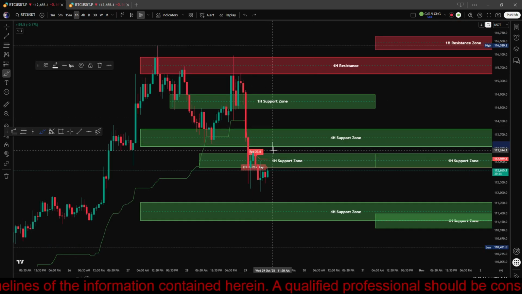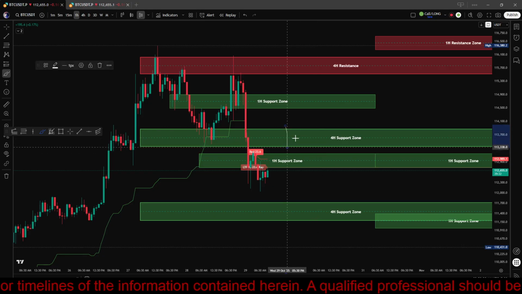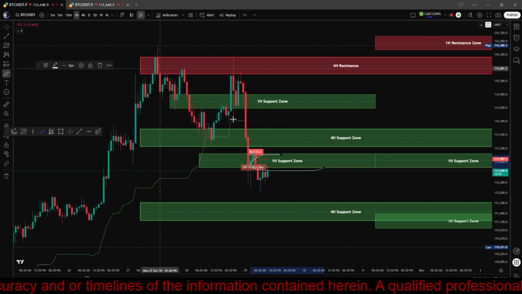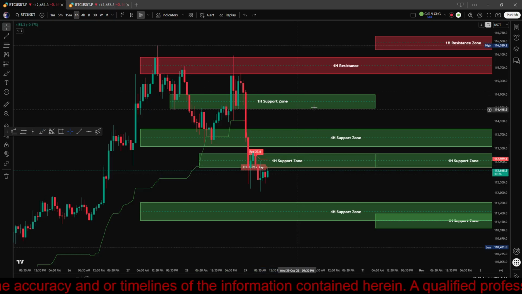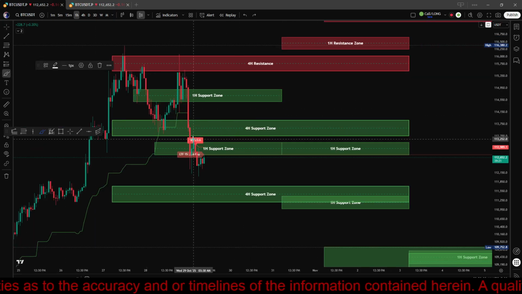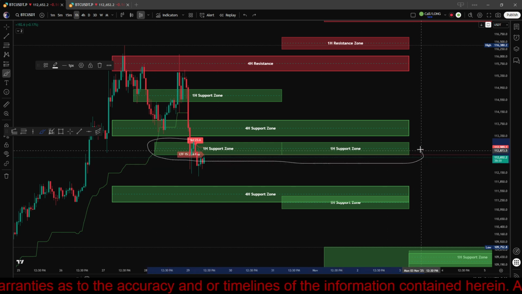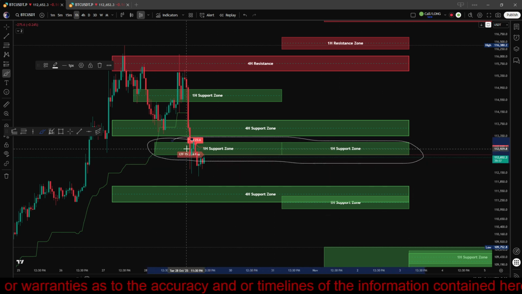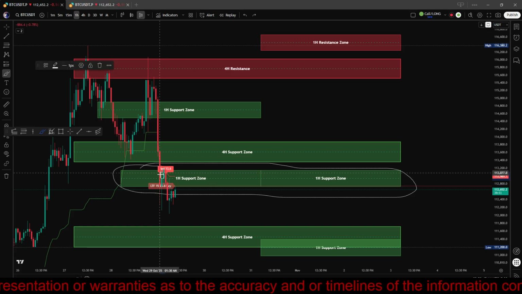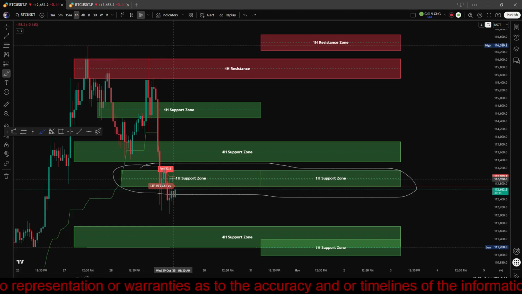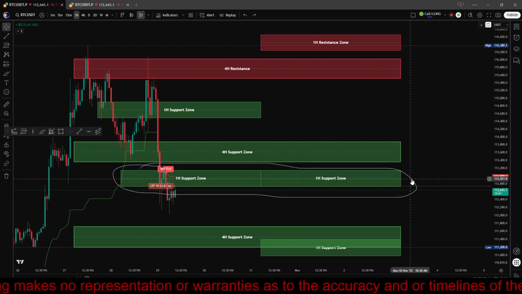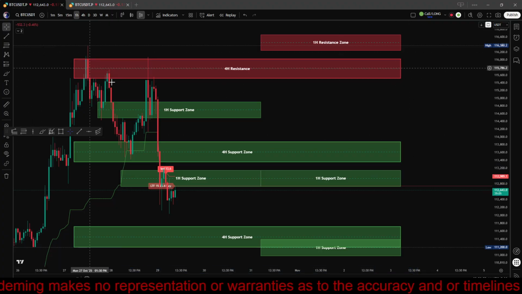The entire zone was broken in this 1-hour time frame, and now in the 1-hour time frame we are somewhere at the kind of support. If we take a look here, we had a support, it tried to take a support, all these are support, but now prices are trading below the ideal support where it used to be.